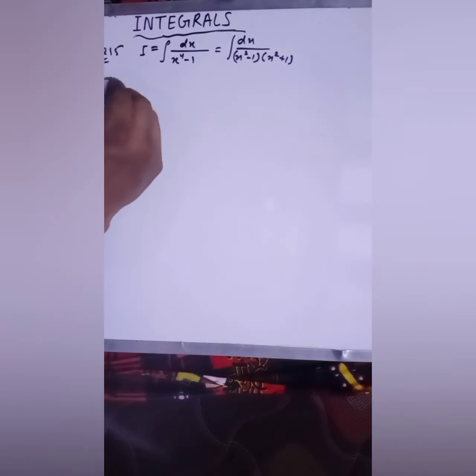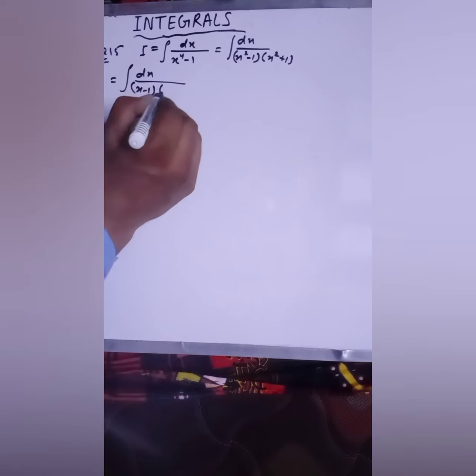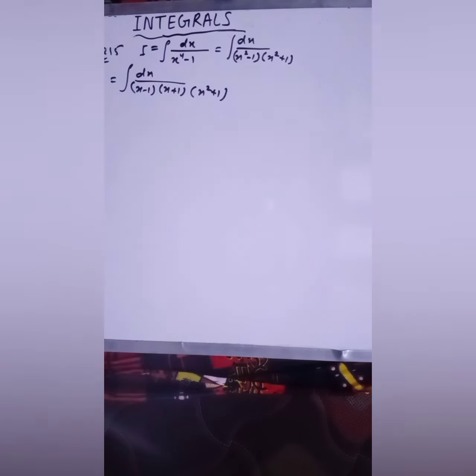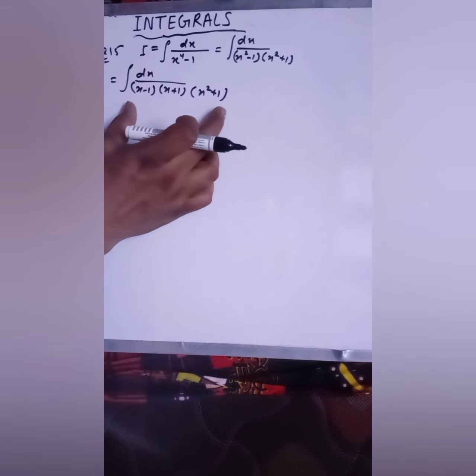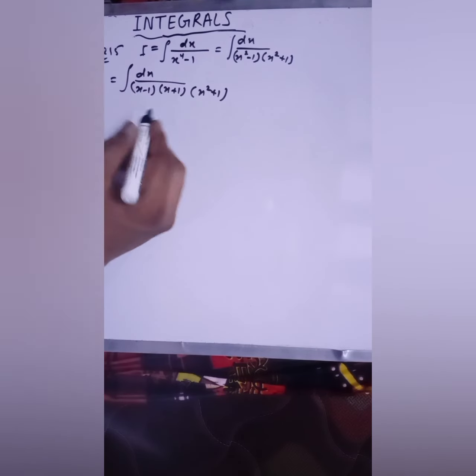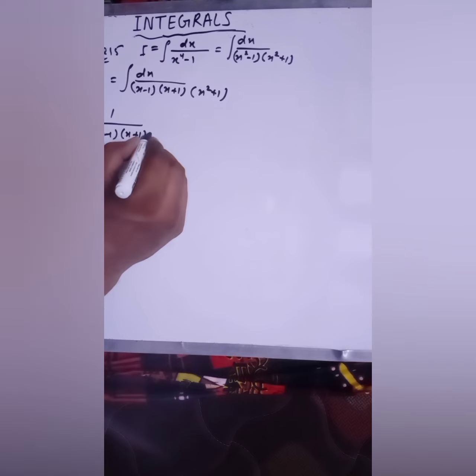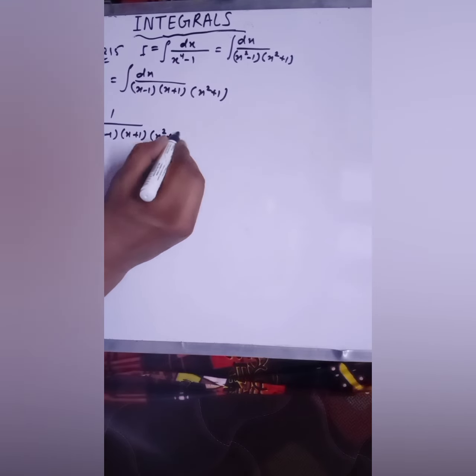Again, when you simplify it, this would be x minus 1, x plus 1, and this would be x square plus 1. Now after this step, I know you can solve this. Right? So here I'm showing it, that is 1 over x minus 1, x plus 1, x square plus 1.